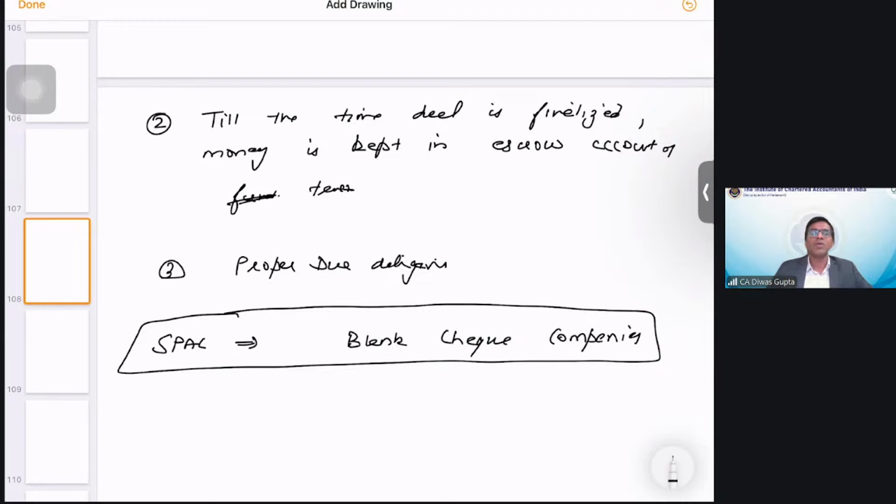That is called the blank check. It is similar to a blank check, wherein you are investing into a company, but you never know what will be the end result of that money that you have invested. It might take 2 to 3 years to reach a stage wherein you will be able to invest into that company, students.